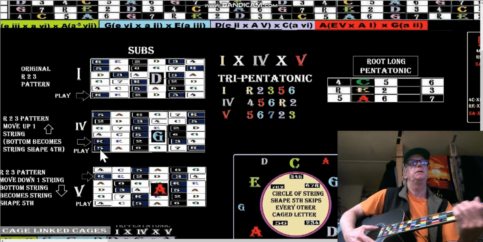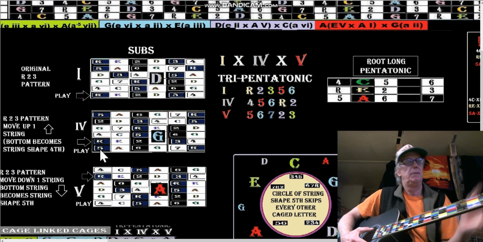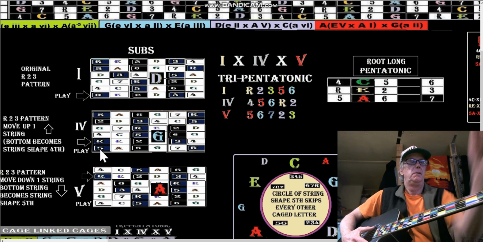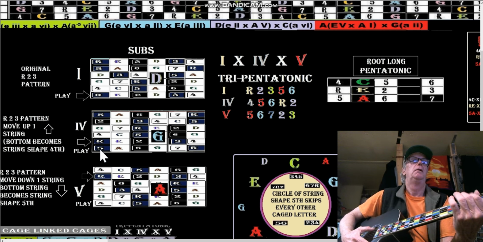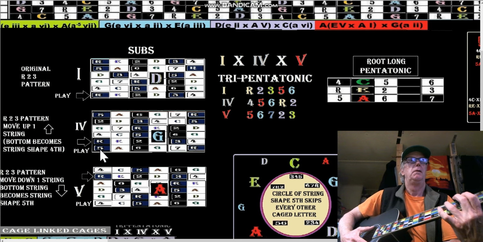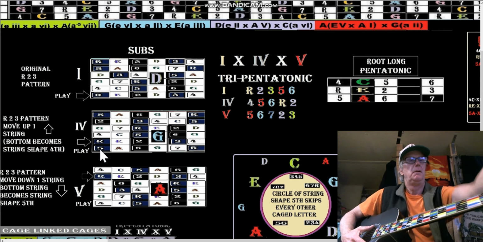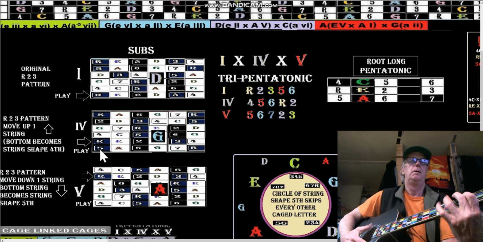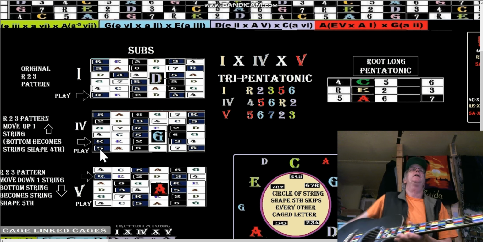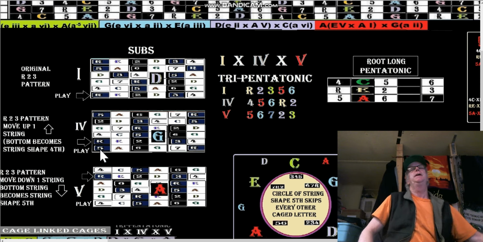So if you were playing the bass, you know, it'd be... You see how that bottom string goes? So that's the substitution method.